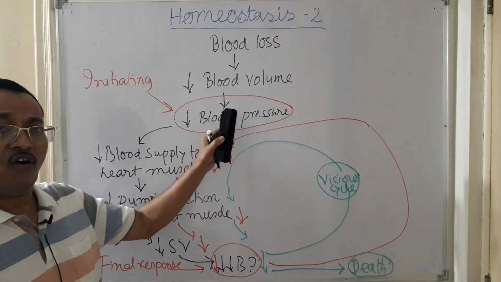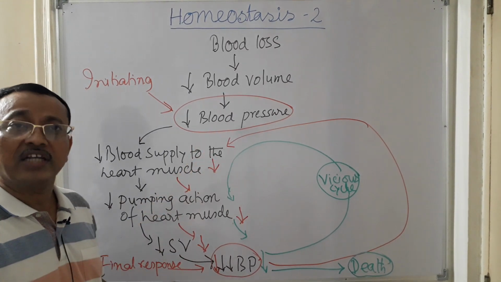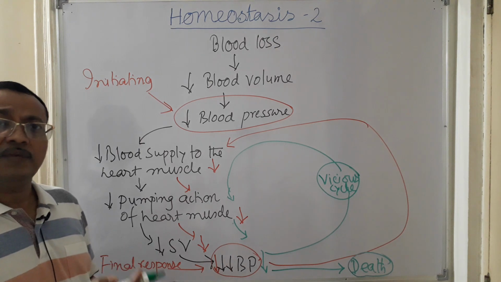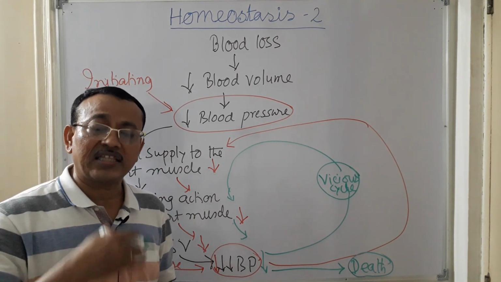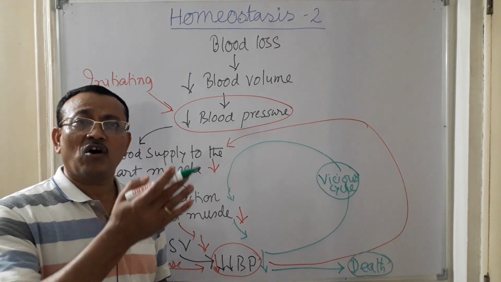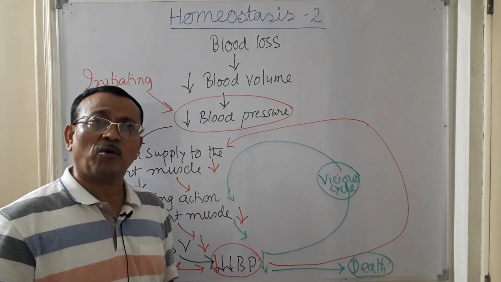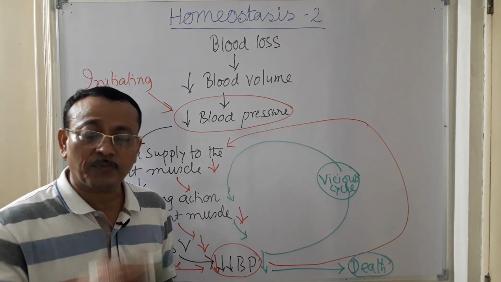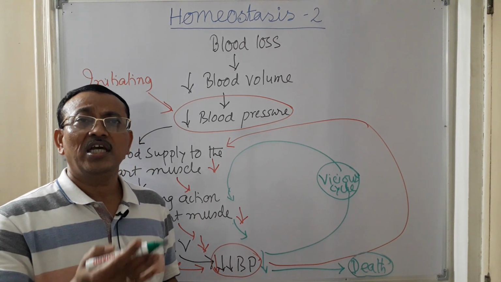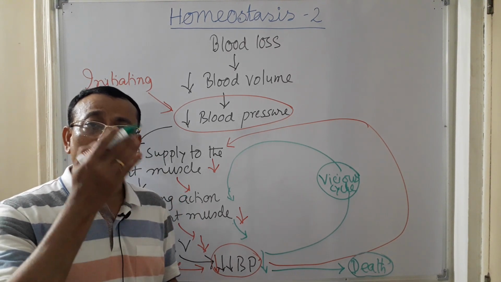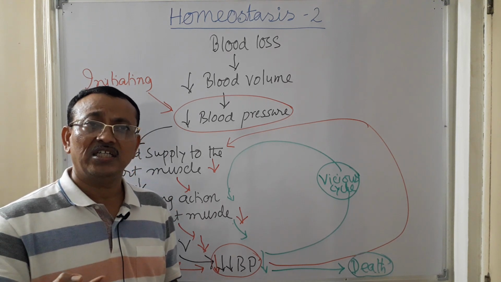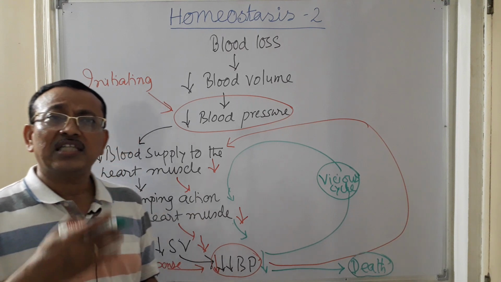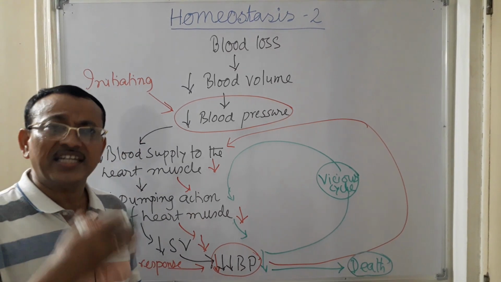If the blood pressure falls, it becomes further decreased. For example, if the blood volume falls, blood volume will be further decreased. If there is a fall of the sodium concentration in the body, there is a further fall of the sodium concentration. If there is a fall of the body temperature, there will be a further fall of the body temperature. And thereby the situation is getting worsening, deteriorating.